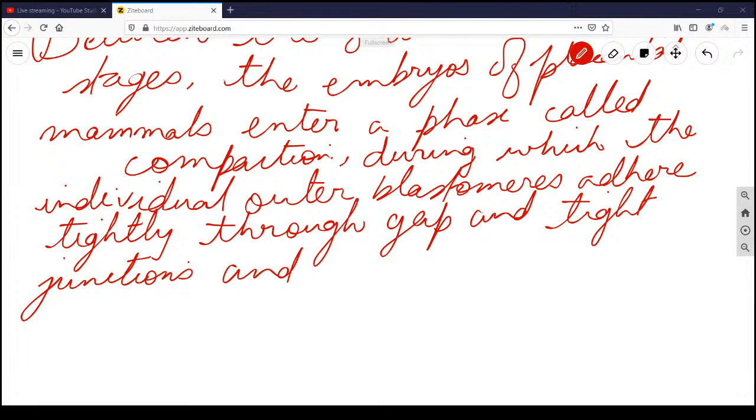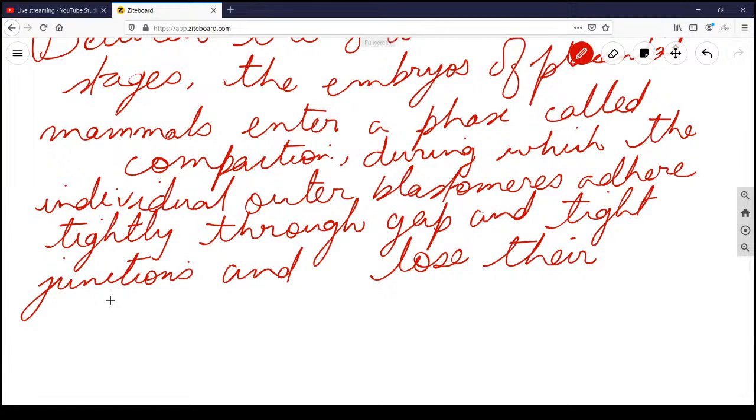What they do is they lose their individual identity. When they don't lose it, but it seems like they lose it, okay? Because the adherence is so prolific that they lose their individual identity when viewed from the surface.